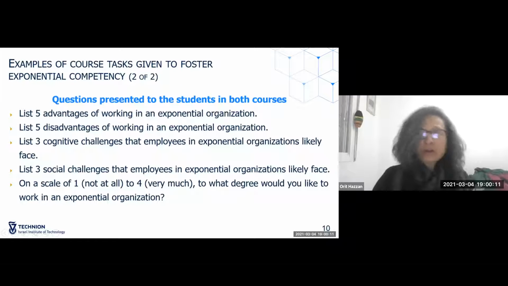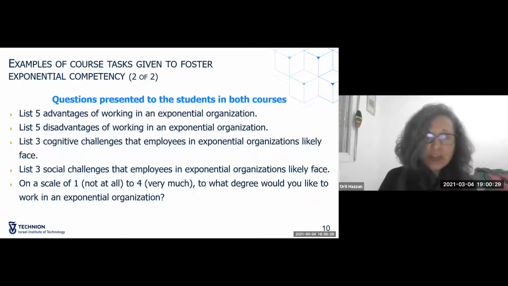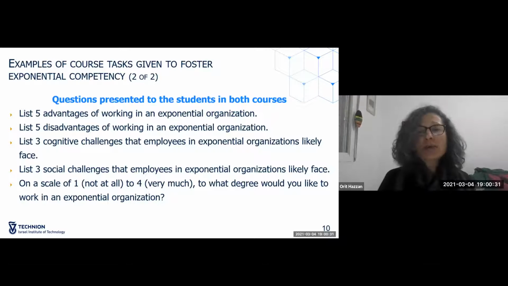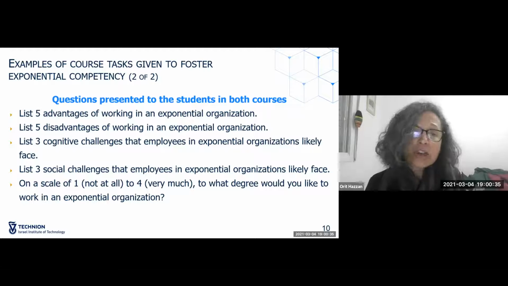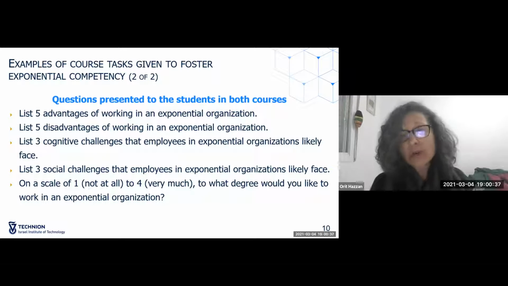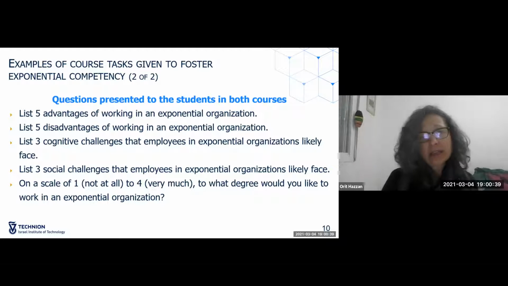I do want to list questions presented to the students in both courses. For example, they were asked to list 5 advantages of working in an exponential organization, to list 5 disadvantages of working in an exponential organization, to list 3 cognitive challenges that employees in exponential organizations likely face, and to list 3 social challenges that employees in exponential organizations likely face.